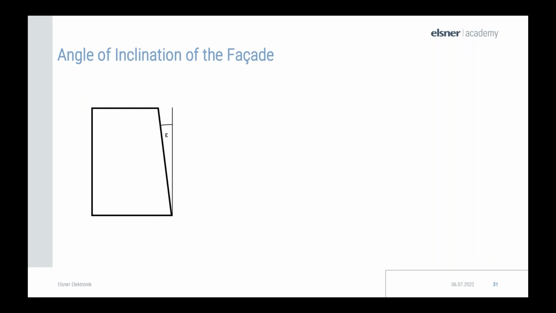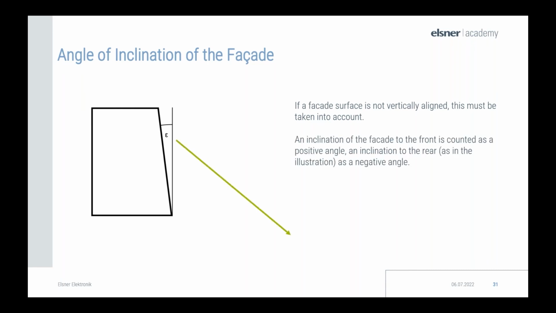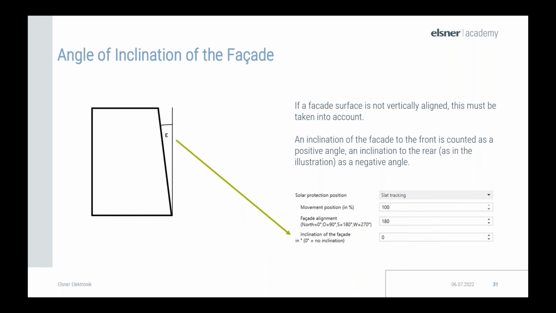An inclination to the rear, as seen in the displayed figure, is seen as a negative angle. If there's no inclination, the value is 0. Here, the adjustment of the inclination is to be made. This is the extract from the ETS file, and as said, here you can do the adjustment of the inclination.